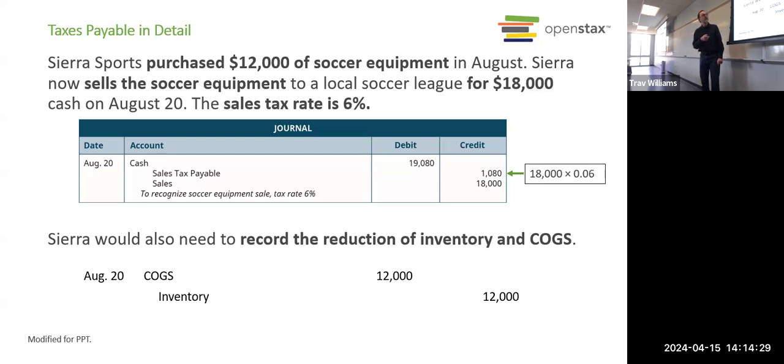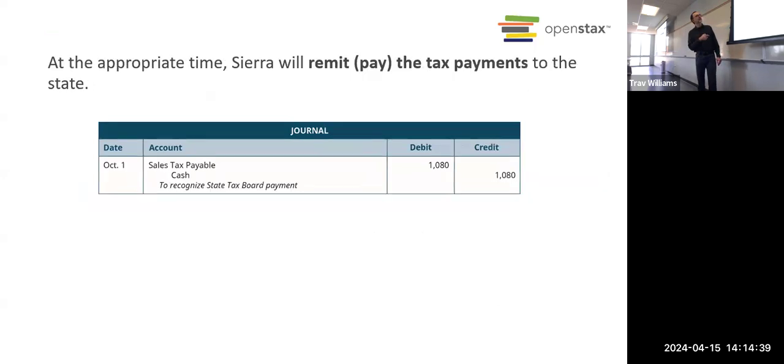Okay. But they've got a liability. The company has to send that sales tax money to the state of California or wherever, whatever state they're in. So here's where they actually send off the tax payment. So the payable goes away. And they probably would have transmitted the payment electronically, right? So it's not literal cash, but still from an accounting standpoint, we just call it cash.